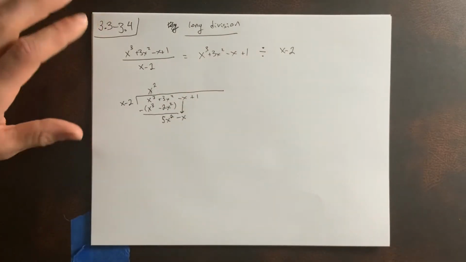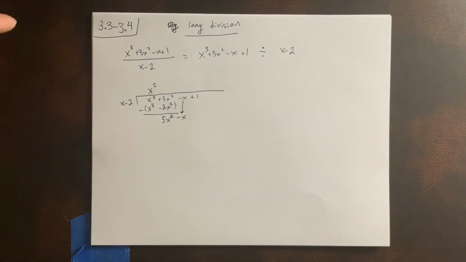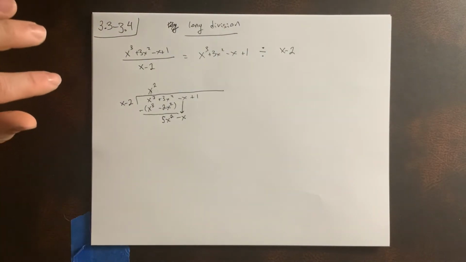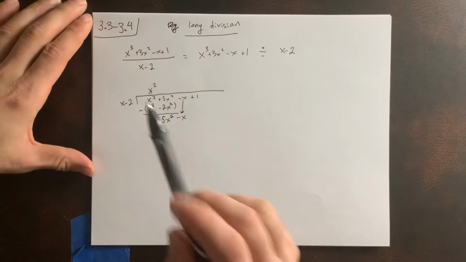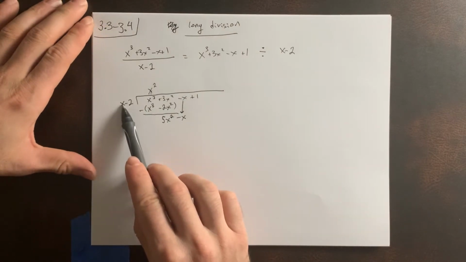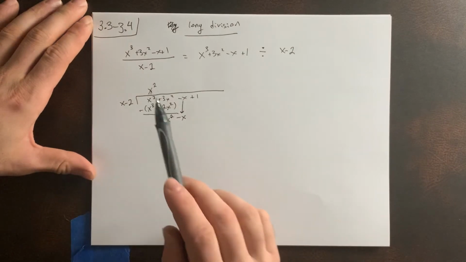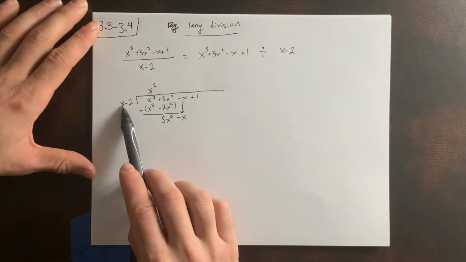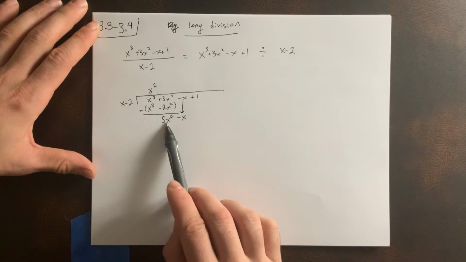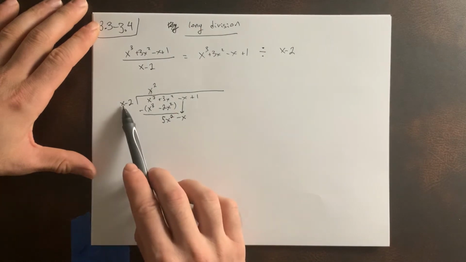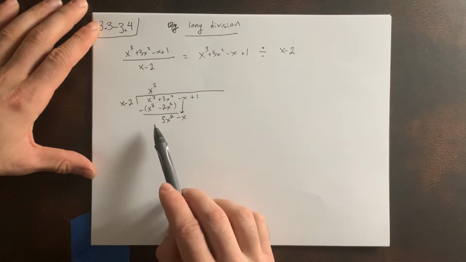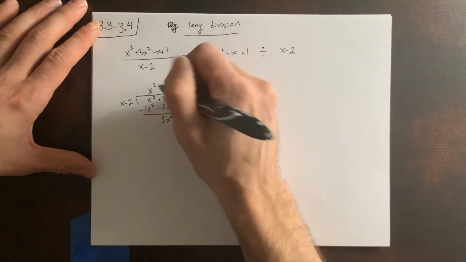That sequence of steps is what we repeat the entire time. So we do the same thing again. What do we need to multiply x by to turn it into 5x squared? A 5x, so we put 5x up here.